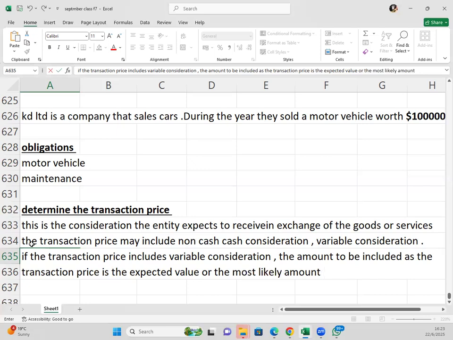So we are saying, how much are we likely to receive? The amount is not certain, but how much are we likely to receive?